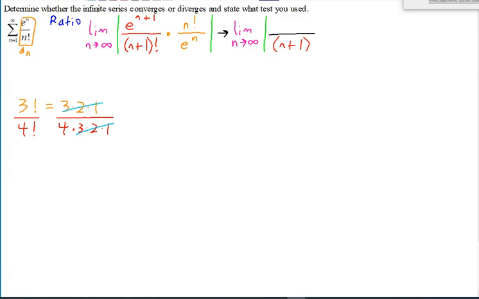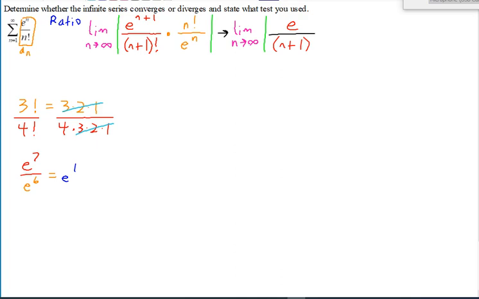Again, you can put in specific numbers to help you out. Say e to the 7th divided by e to the 6th. If n was 6, you subtract the exponents and just get e to the 1st. So you're going to end up with e to the 1st, or just e, on the numerator.